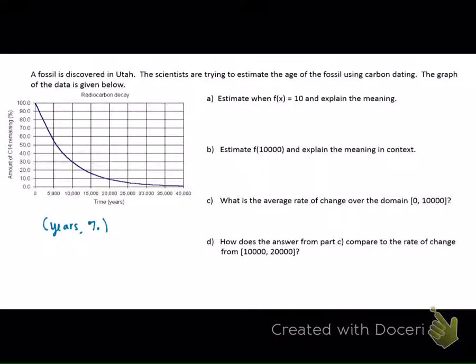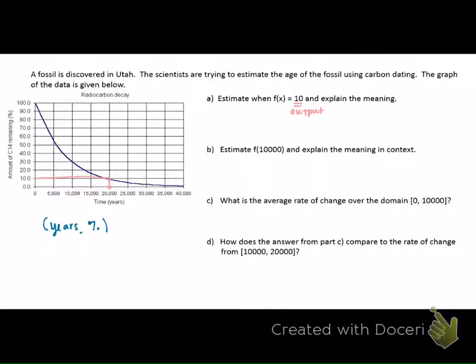So Hannah, it says estimate what f of x equals 10 is and explain its meaning in context. So f of x equals 10. Is f of x equals 10 the input or the output? Okay, so that means that's your y value. So when you're at 10, what is your x? What are you estimating? About 20,000, right?